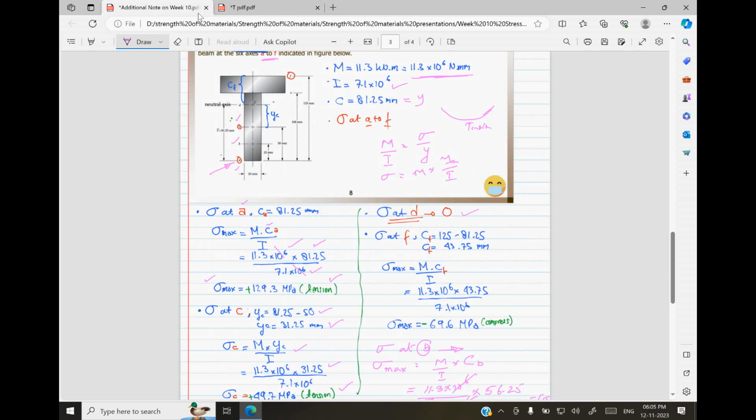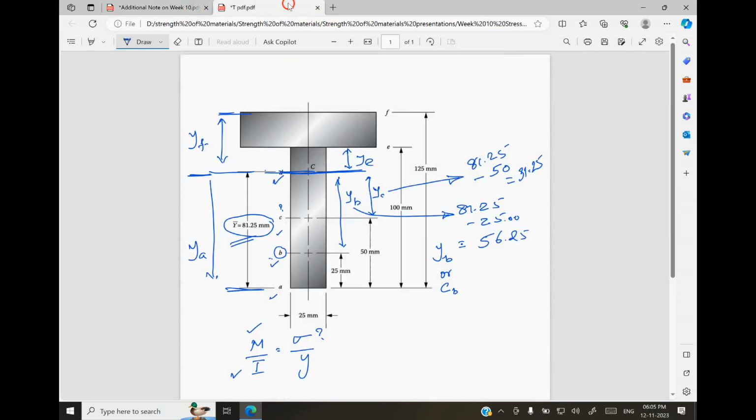Then we have the stress at F, that is at the top. At the top, total distance is how much? Total distance is 125, isn't it? So YF is equal to 125 minus 81.25.